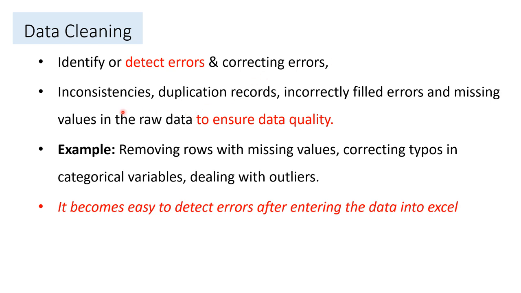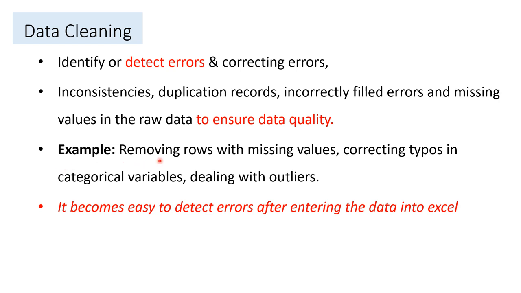We have to ensure the data quality by correcting the inconsistencies, duplicate records, incorrectly filled errors, and missing values in the raw data. By managing this, we ensure that our data is of quality and clean for further process.